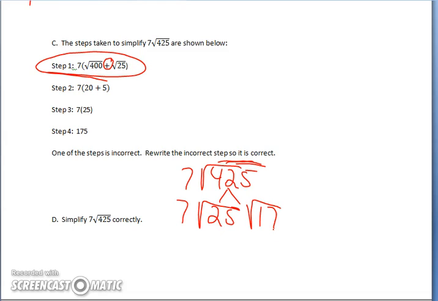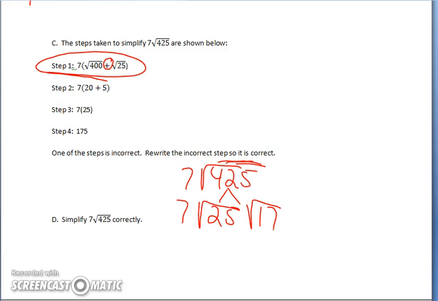Now, where did the 17 come from? The 17 came from dividing 425 by 25. 425 divided by 25 is 17.